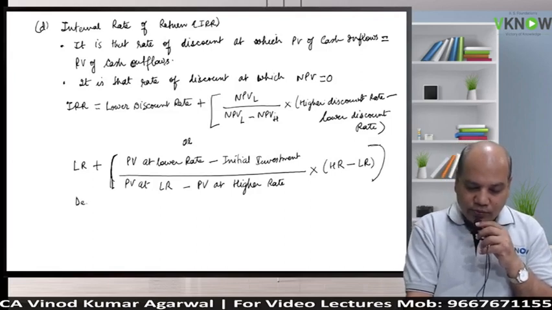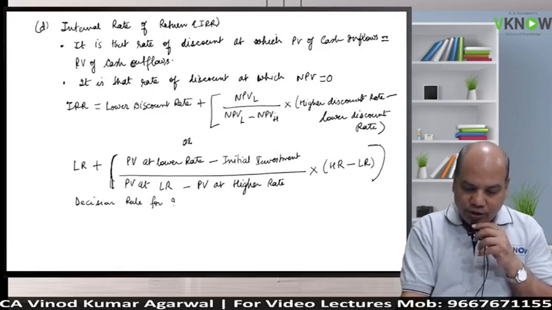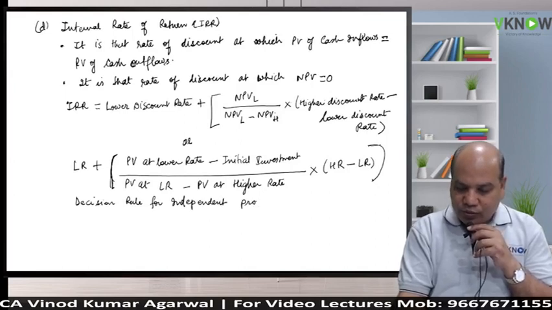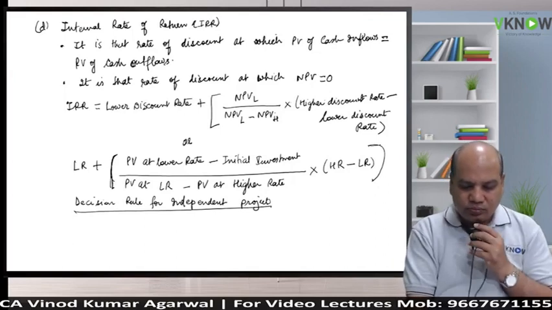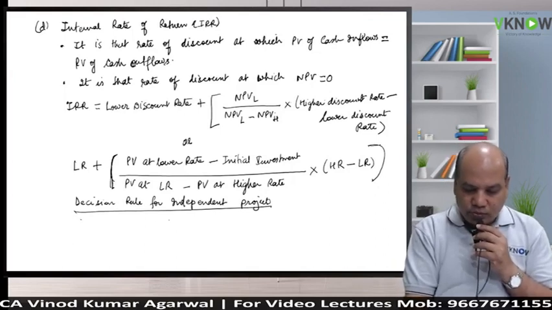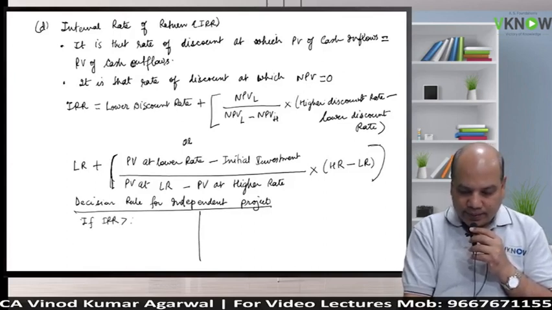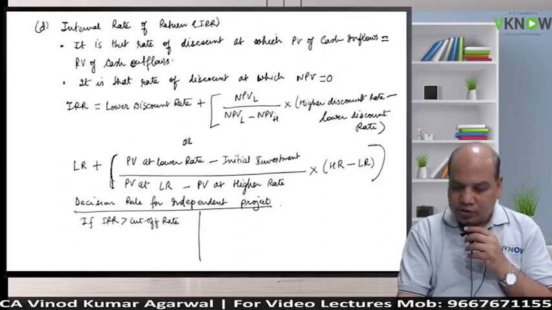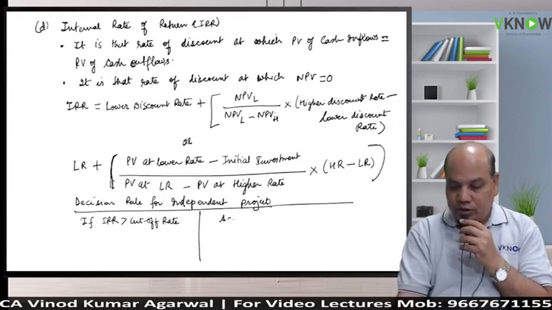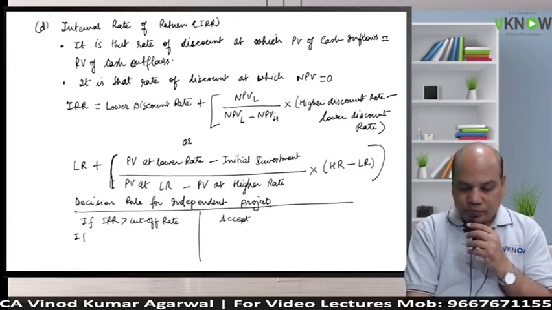Now what is the decision rule for independent projects? Write nicely. Decision rule for independent projects. Under that you write down: if IRR is greater than cutoff rate, meaning desired rate of return, then accept. If IRR is less than cutoff rate, reject.